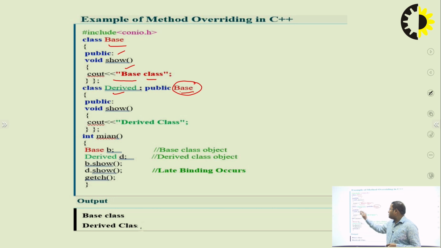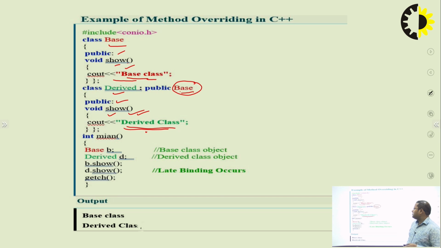Now in the body of this derived class, in the public field, again a show method is here. In the base class there is a show method, in the derived class also a show method, but in the base class show method, the body contains the output base class, but here in the body of this derived class, in the show method, derived class will be shown.